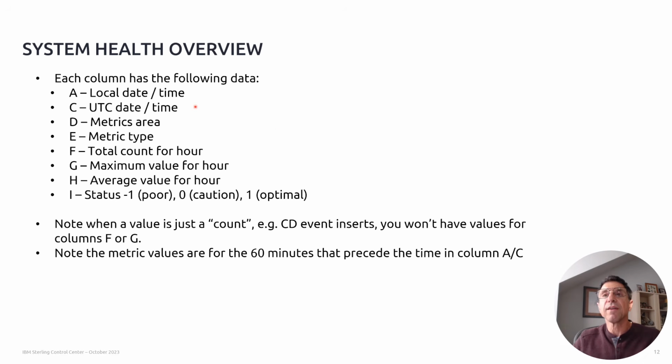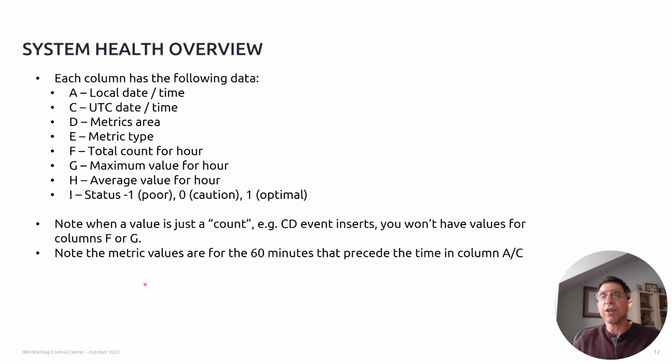Know that this is the data that you'll see in column A, C, D, E, F, G, H, and its status is being computed in column I. Know that when a value is just a count, like for CD event inserts, you won't have values for column F or G. So that's a way to know that this is just a count, it's not an average.